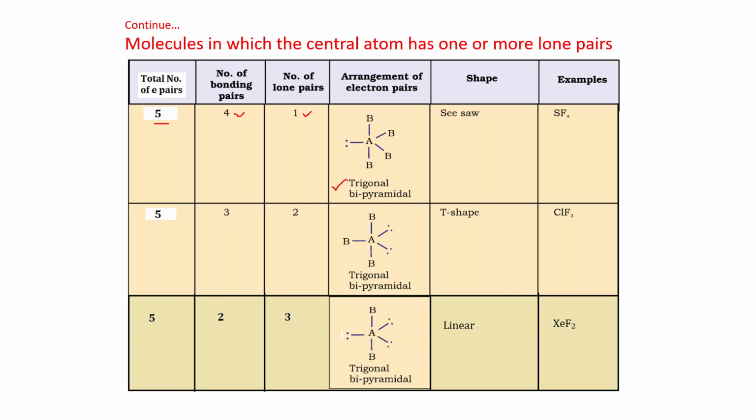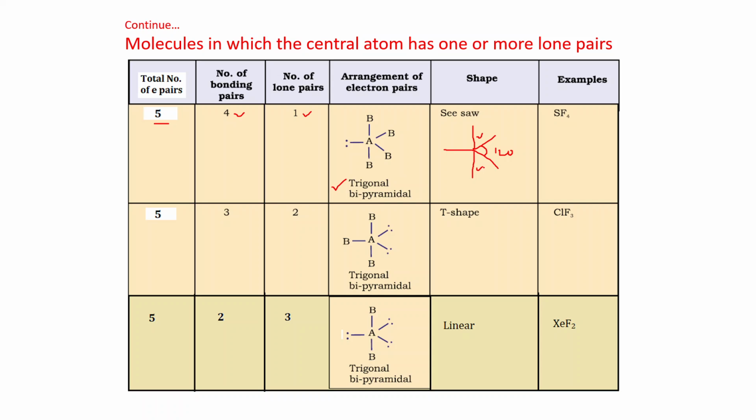These electron pairs arrange themselves to minimize the repulsion, and in this trigonal bipyramidal shape, once again see this: 3 bonds are in a plane at 120 degrees, and these bonds are known as equatorial bonds. One bond is above the plane and one is below the plane, and these bonds are known as axial bonds.